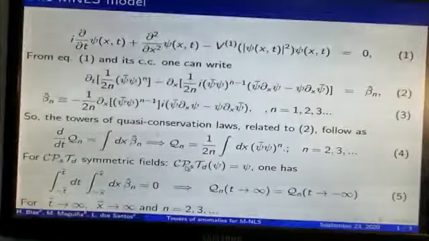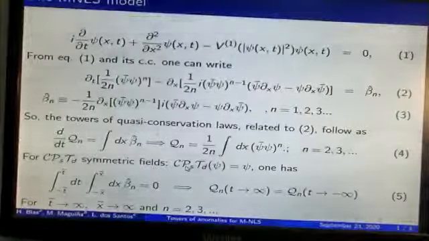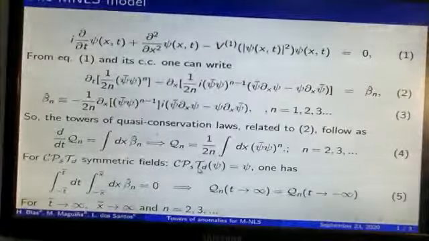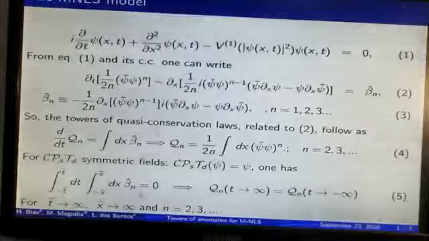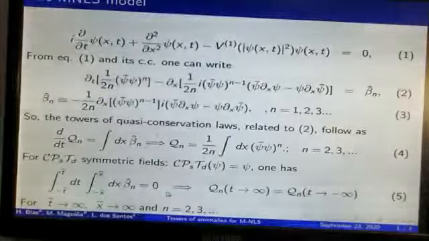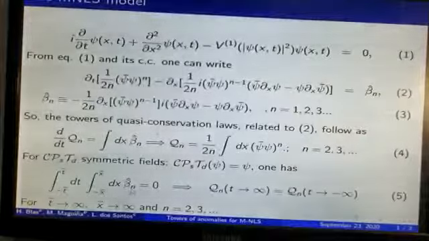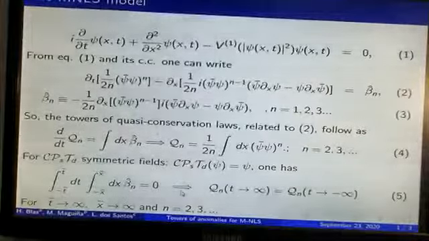This is just a special space and time reversion plus complex conjugate operator. So if this property is satisfied, the integral of the anomaly vanishes.